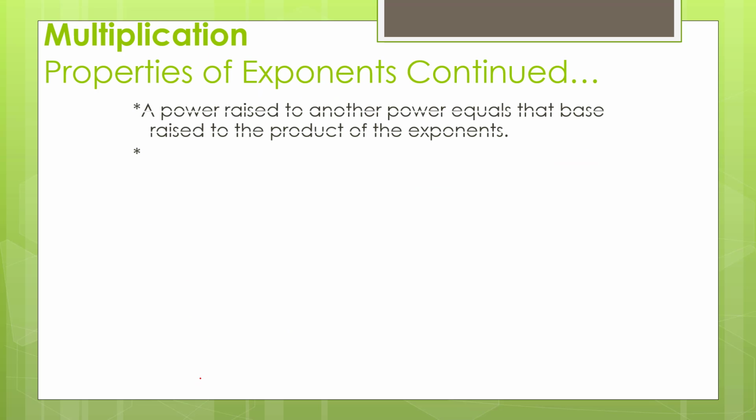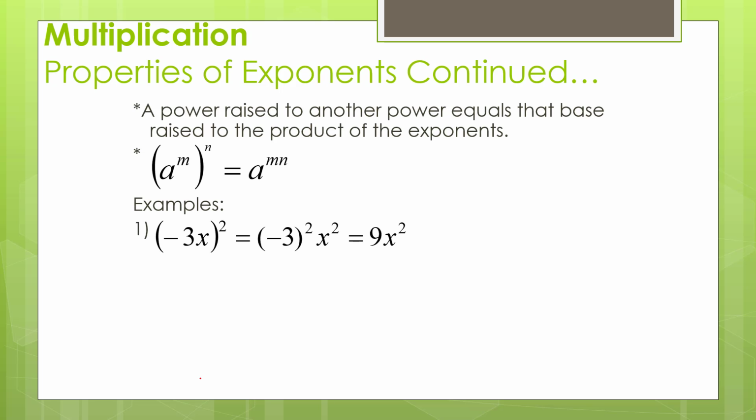Properties of exponents. A power raised to another power equals that base raised to the product of the exponents. So, for example, a to the m raised to the nth power is equal to a to the mn power. Now let's look at some examples.